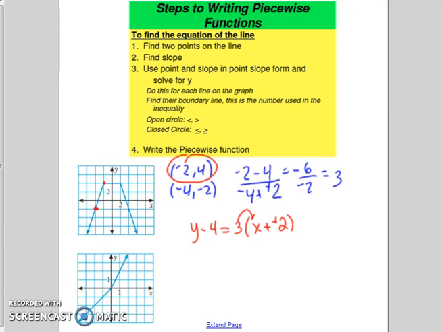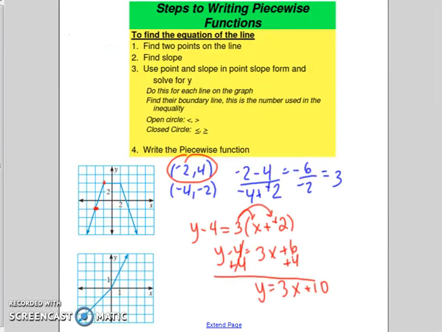So I'm going to distribute that 3. So I get y minus 4 equals 3x plus 6. And then I add my 4. So now I have y equals 3x plus 10. So that's the left side of the line.